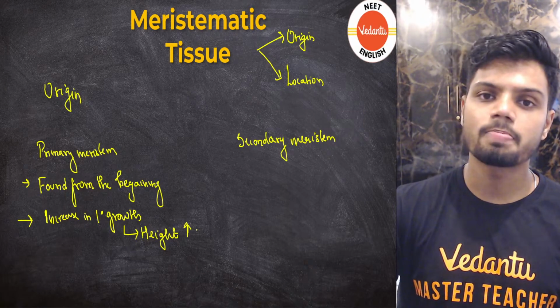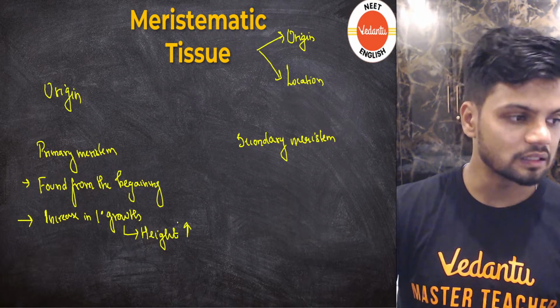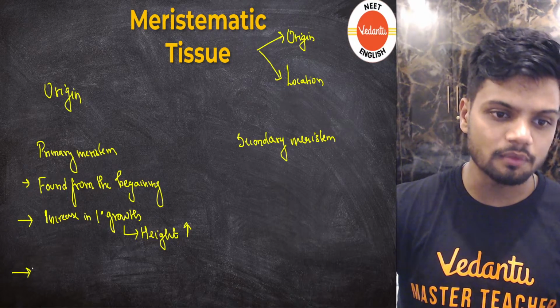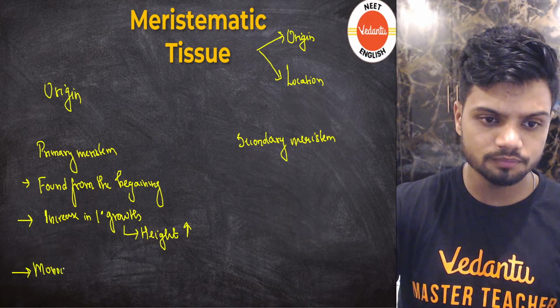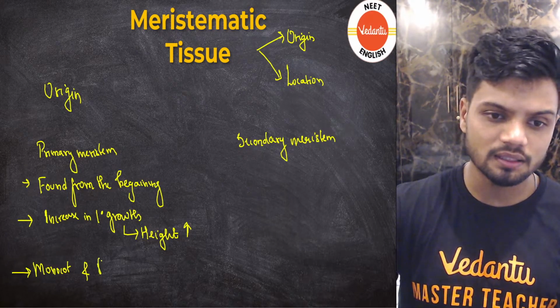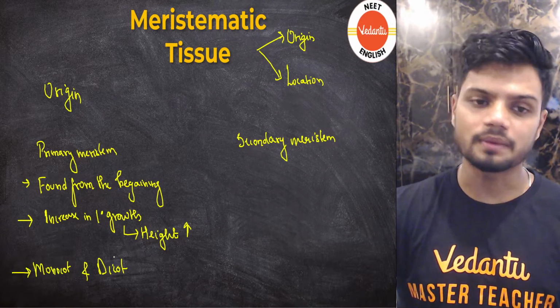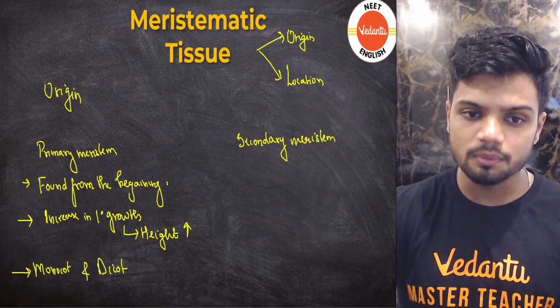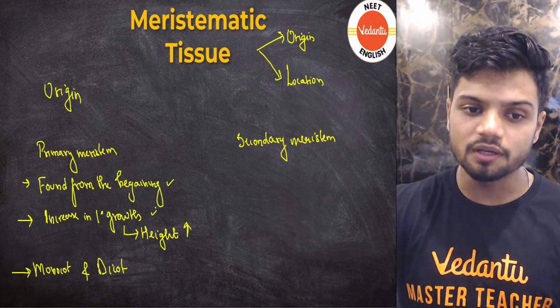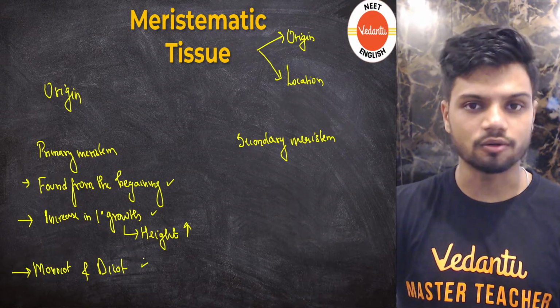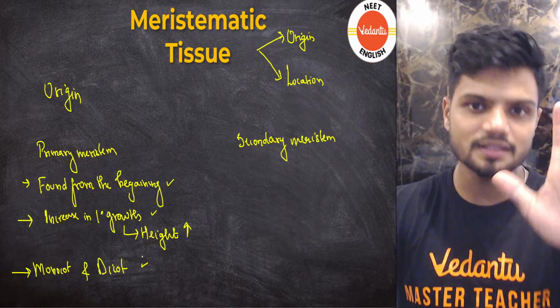That is called your primary growth. And this primary meristem can be found in both monocot and dicot. Any doubt till now? Primary meristem is found from the beginning, responsible for primary growth, found in both monocot and dicot. Very simple to understand.